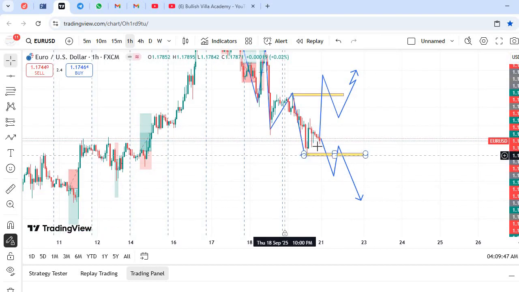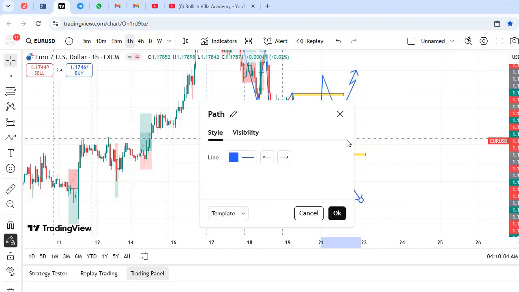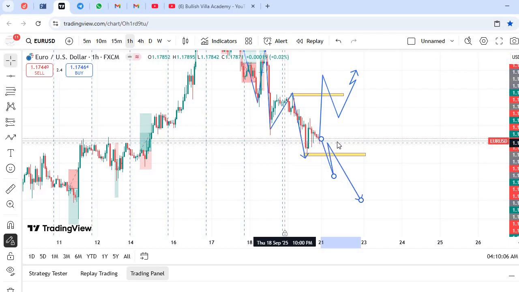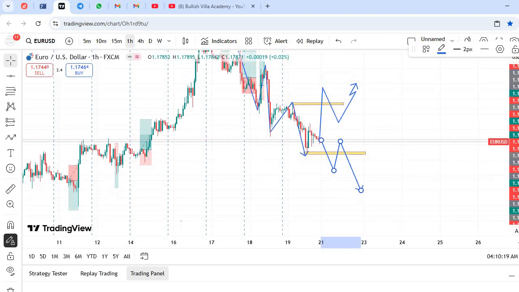But if price opens on Monday and takes out this last low, then you're having a new lower low, and we have a reversal here that didn't get to this low here, but just got to this area, and then if it starts giving me a bearish intent, then I want to take a sell. So this is going to be my bias for the new week on Euro USD.